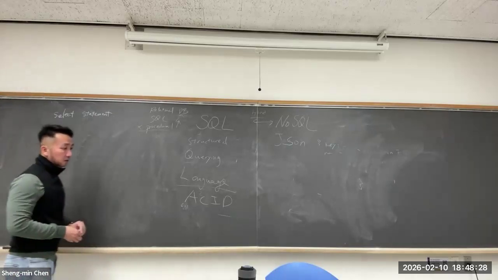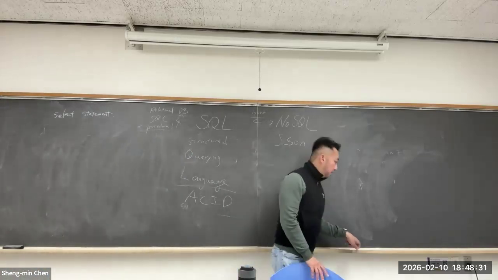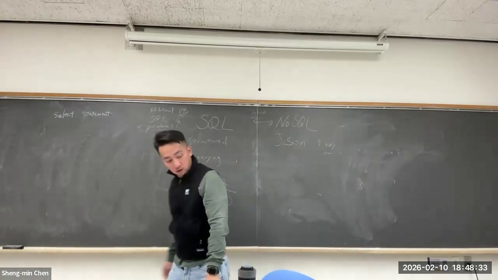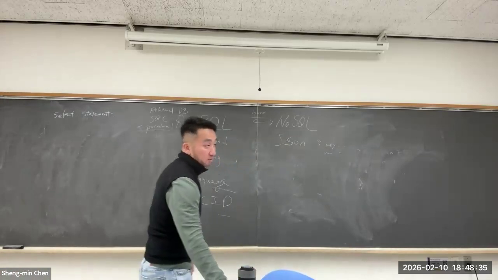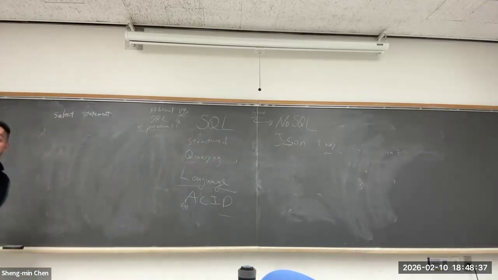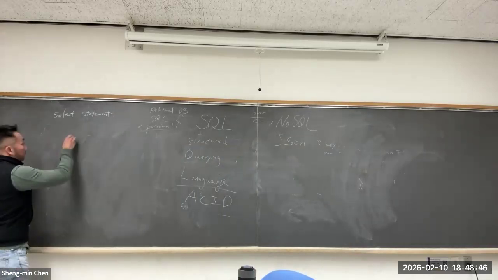Now, there are multiple lines in a select statement, and these lines do different things. Sometimes we call them lines, or sometimes we call them clauses. So the first thing that you need to know about is the from clause.